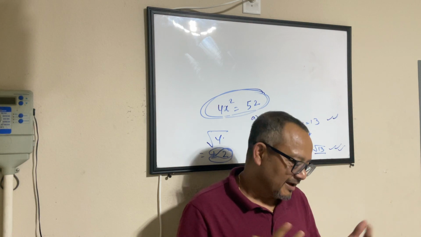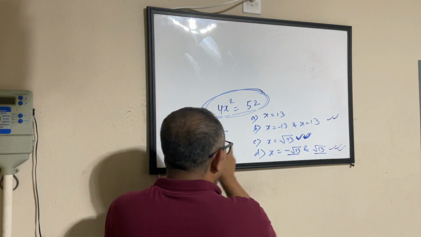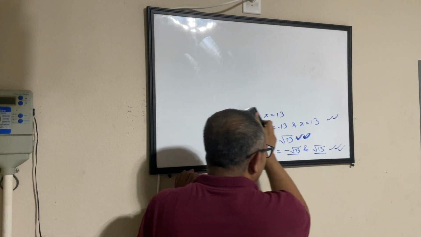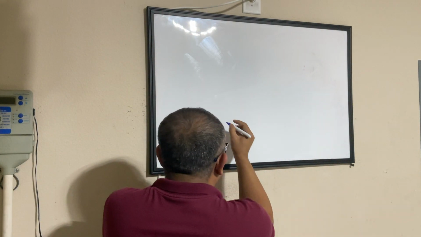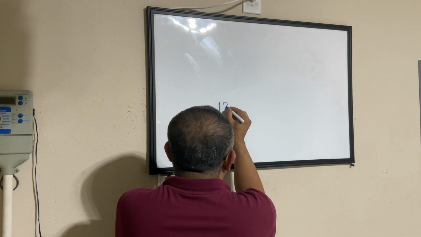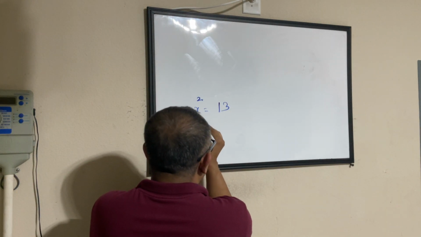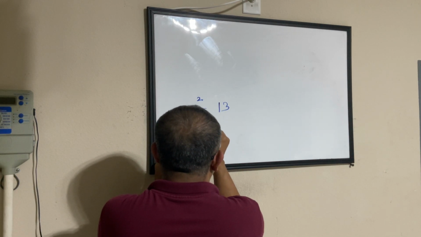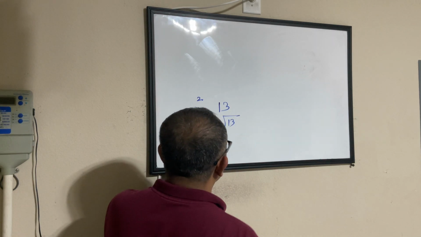Alright, so here's the thing. David, whatever you argued, that is not a bad argument. Trust me, we can get confused at times. If I have x square equal to 13, I am tempted to say, okay, x will be equal to, so I am doing a square root here and I am doing a square root here.